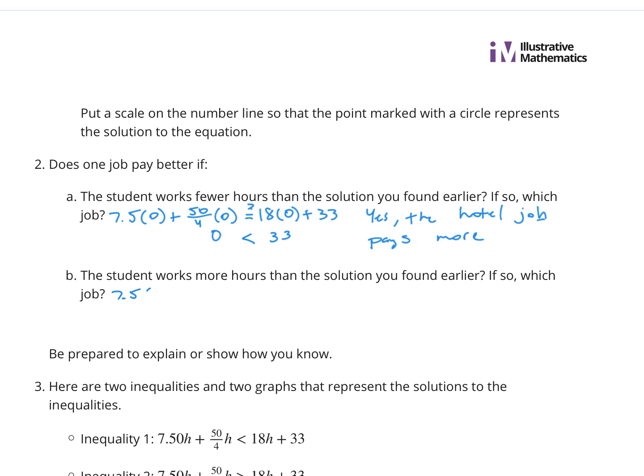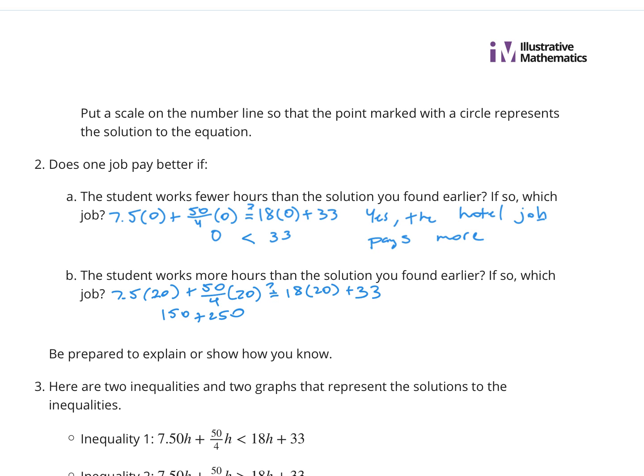So I have 7.50 times 20 plus 50 over 4 times 20 equals 18 times 20. Actually, we don't know if it equals, plus 33. Okay, so when I do the math for that, 7.50 times 20 is 150. 50 divided by 4 times 20 is 250.